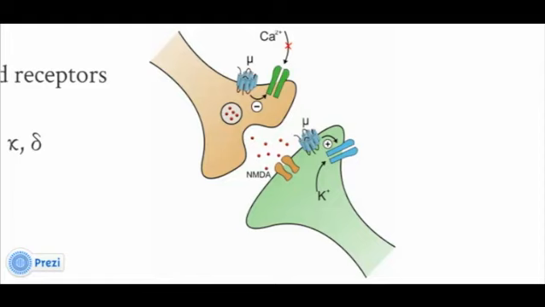The physiological change brought about by the binding of opioids to mu opioid receptors is the opening of potassium ion channels and the closing of calcium ion channels within the synapse. This closing of the calcium ion channels prevents the release of the neurotransmitter across the synapse, hence preventing the neurotransmission of pain.